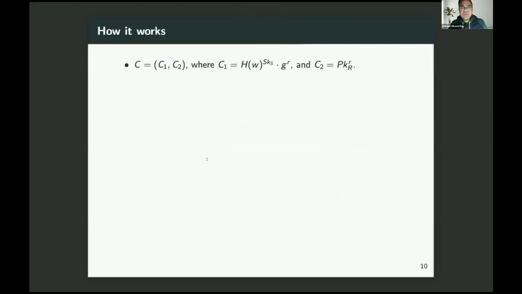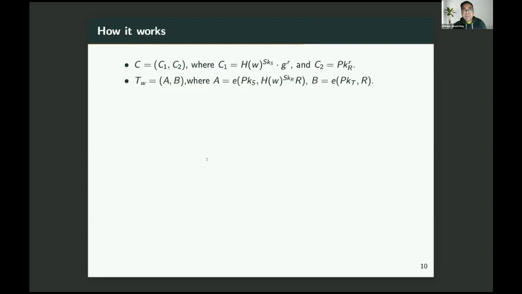Now let us take a look at how this works. So see, the ciphertext has two components, C1 and C2, as we computed earlier, and I just plugged those values over here. And TW, the trapdoor, also has two components, A and B, which I just copied from the previous slide.